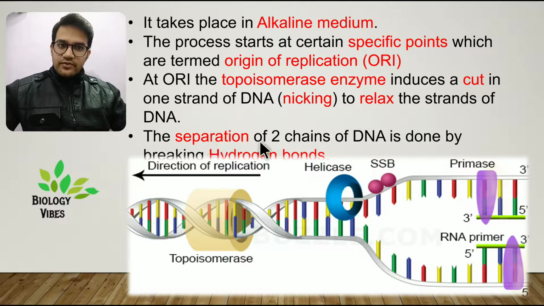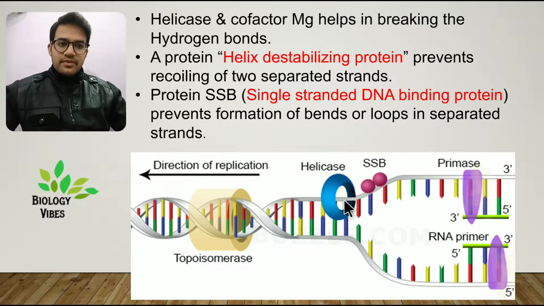The separation of two chains of DNA is done by breaking hydrogen bonds, and these hydrogen bonds are broken by the helicase enzyme. This helicase enzyme is responsible for breaking these hydrogen bonds between the nitrogenous base pairs. Now, if the bonds are breaking and strands are going single, the helix destabilizing protein prevents recoiling, that is attaching back again and formation of hydrogen bonds.